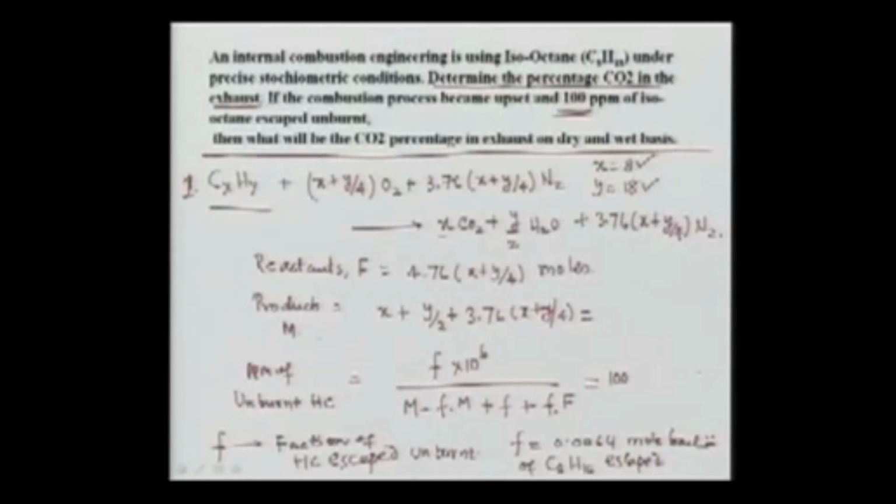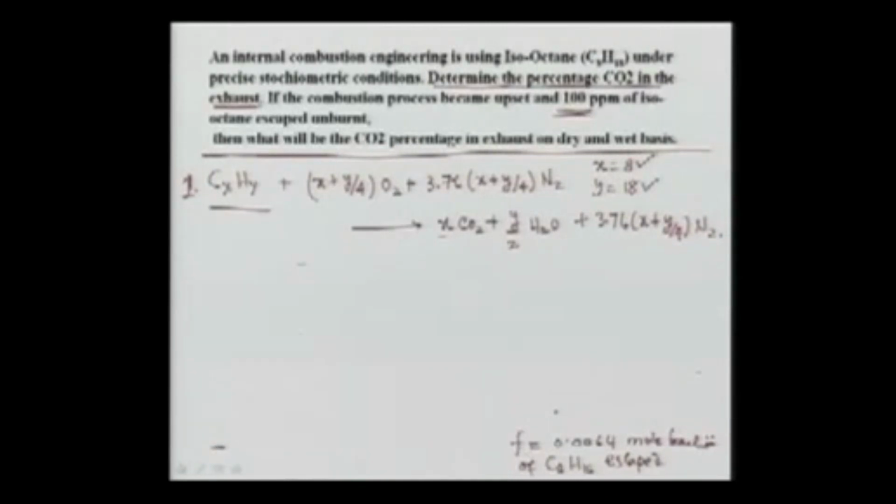So now what I want to do is, again I want to find out the CO2 in the exhaust. So I'll remove this, and we'll use this information. When something is escaping unburned, my CO2 will be less.